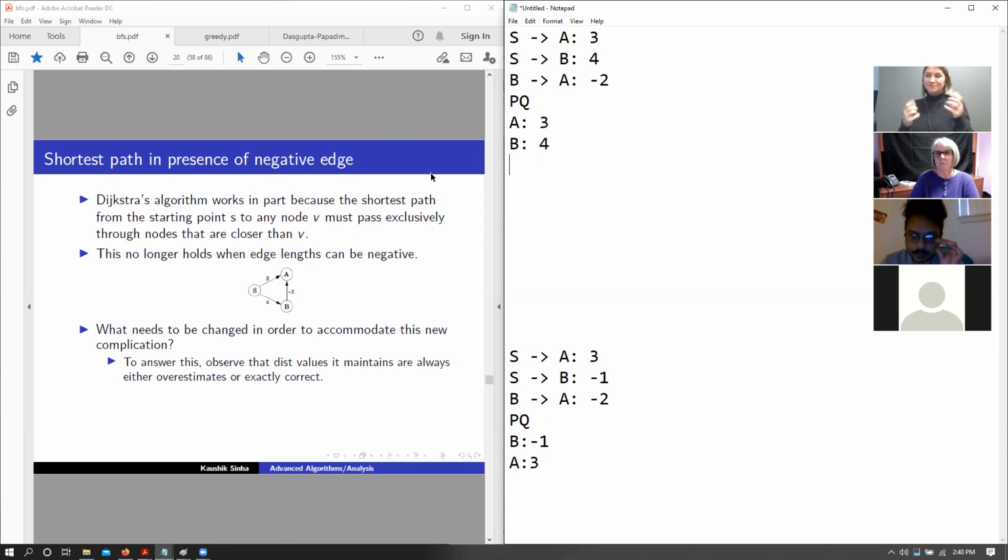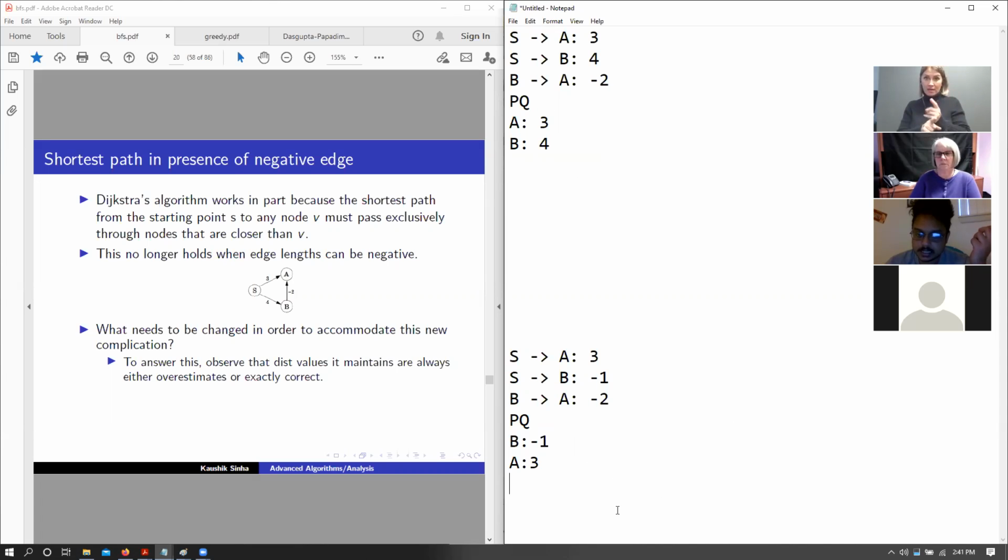Okay. Now, if this is my priority queue, then what is the next vertex that I'm going to choose in this scenario? B is -1. And once I explore B is -1, I'm going to expand B and find A, which will now get the distance of -3, right?